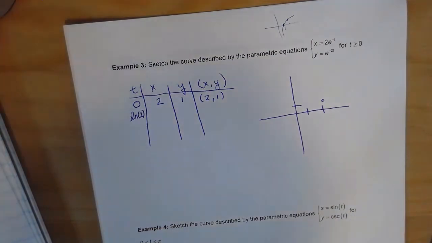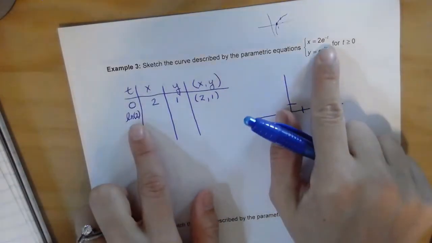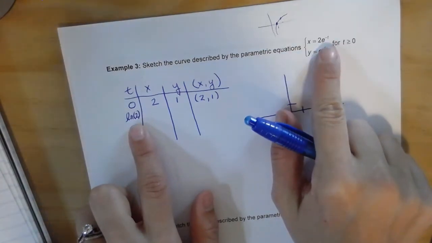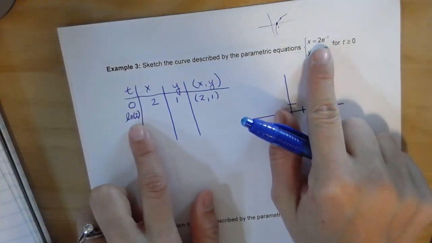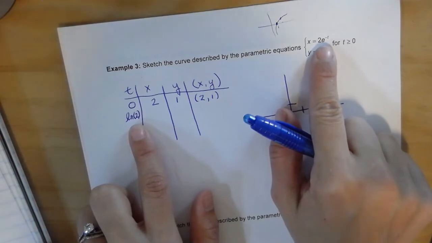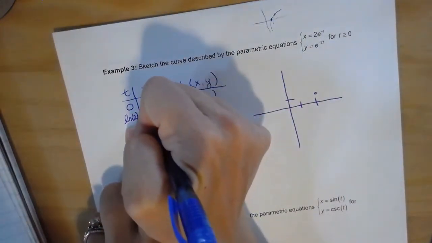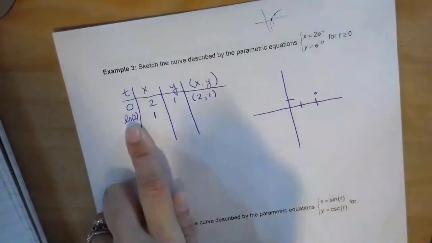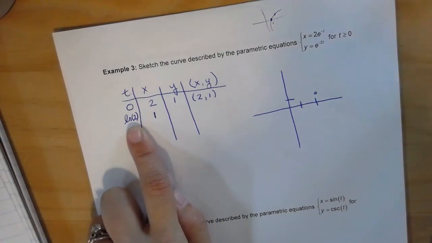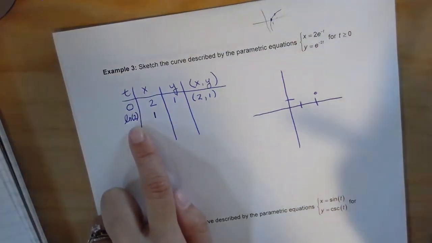Alright, but let's check. Let's actually do this out, because ln's look very nice in this case. So, if we have 2e to the negative ln 2, we will come out with the value of 1.